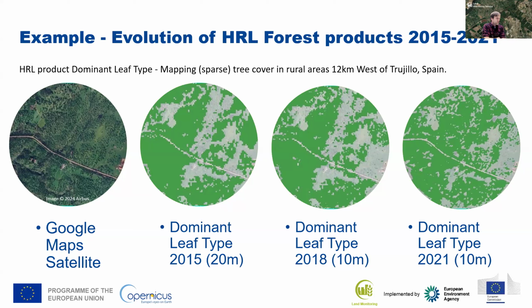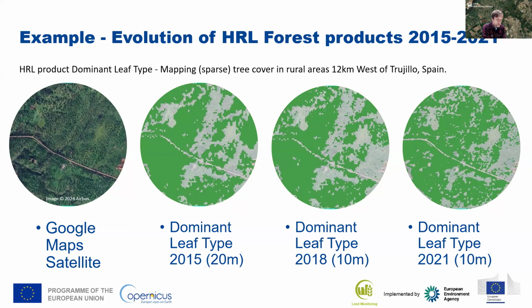And in this Google Maps satellite image, we can see, especially in the left part, quite some dense forested or tree covered areas, and then in the right part there are more sparse tree covered areas.